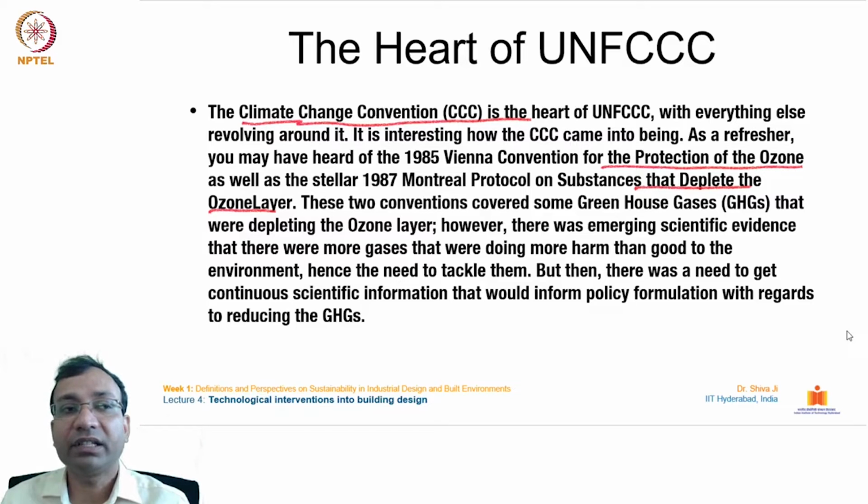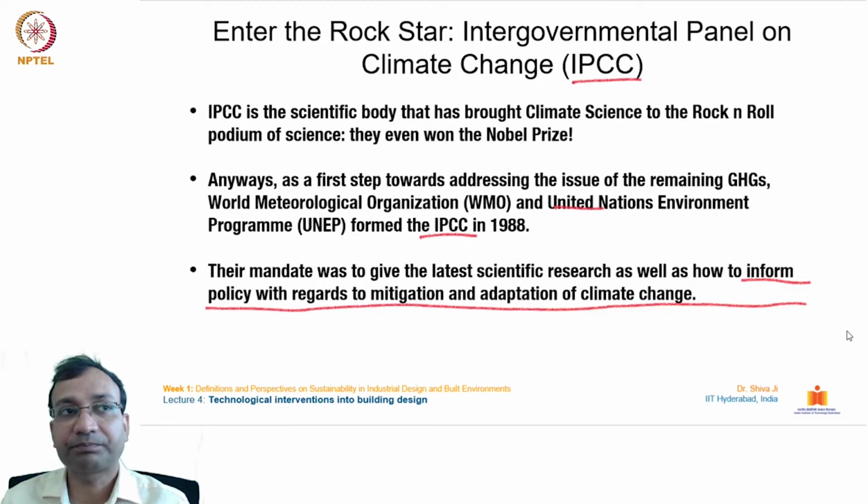But then there was a need to get continuous scientific information that would inform policy formulation with regard to reducing the GHGs. Well, from here enters the rockstar Intergovernmental Panel on Climate Change, IPCC. You may be aware of this organization. The IPCC is the scientific body that has brought climate science to the rock and roll podium of science.